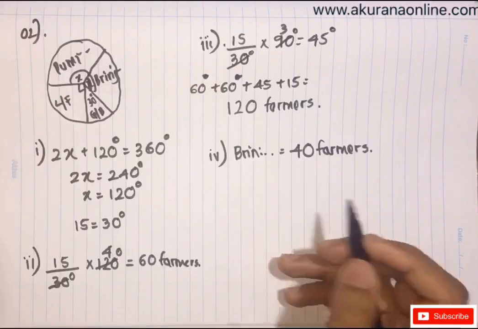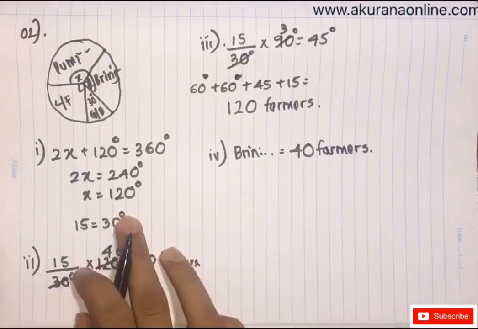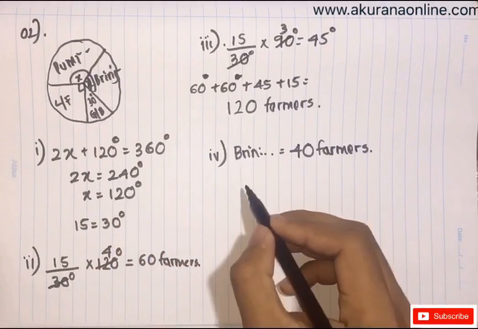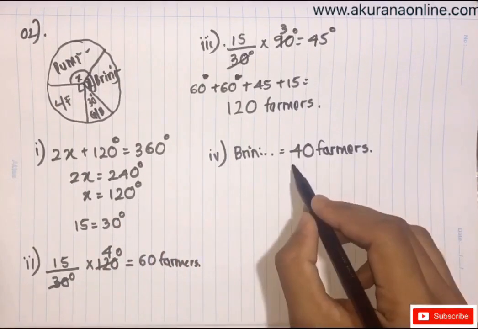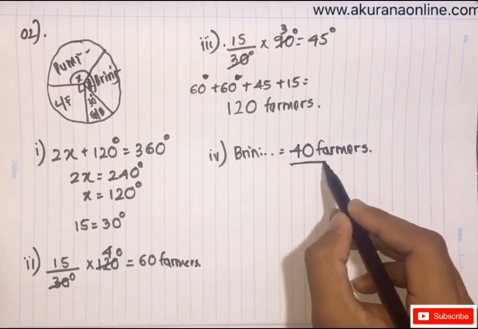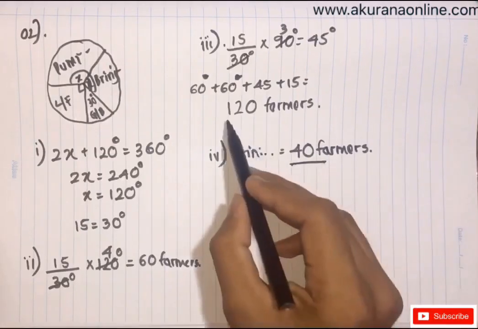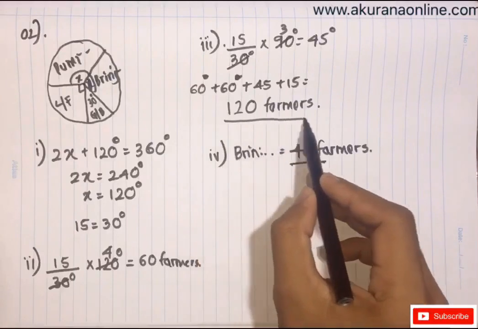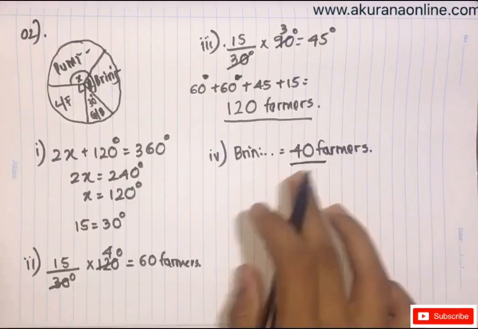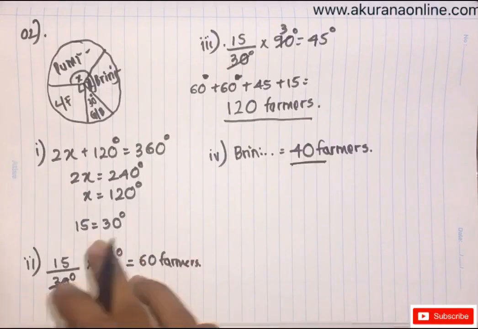Now you have altogether brinjals 40 farmers. Earlier it was 60 altogether. Now let us use the same data given here.